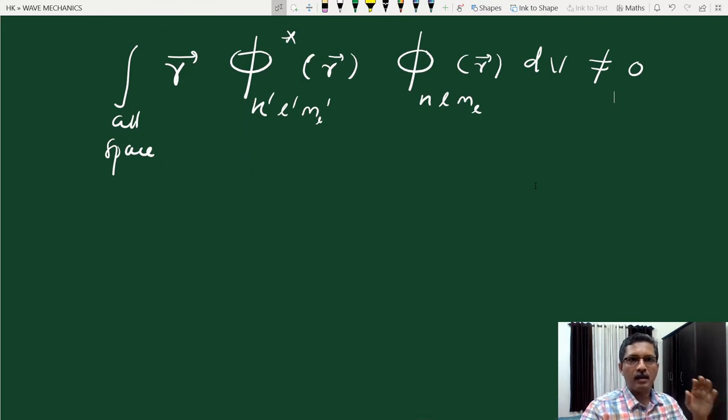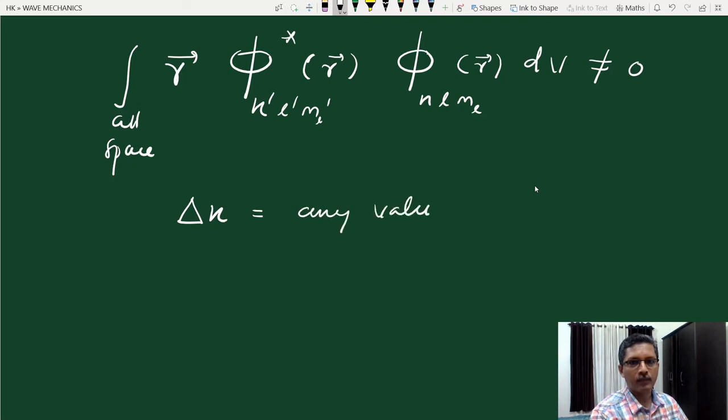Now, if we consider different pairs of hydrogen atom wave functions, and check this integral for which pairs it is non-zero and for which pairs it is zero, then for allowed transitions we can get some conditions between the principal quantum numbers, orbital quantum numbers, and magnetic orbital quantum numbers. And these conditions are here. The difference in principal quantum numbers can be any value. Okay, from any n value to any n value, transitions are allowed. But the difference in l value should be plus or minus 1.